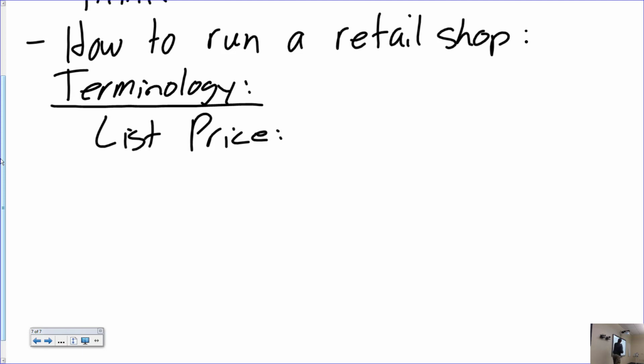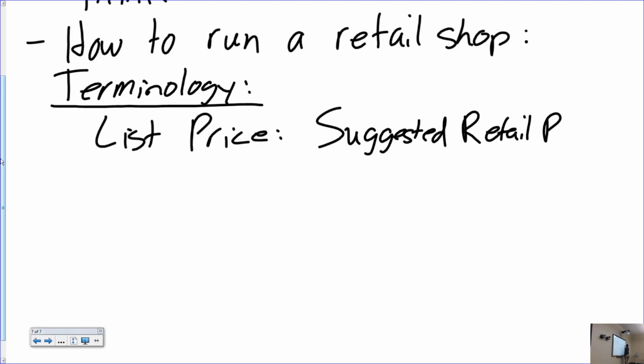So, first off, when you're working in the retail business, folks, list price. The list price for a retail business, the other terminology that's often used, is the suggested retail price, or probably what you guys have heard is MSRP, the manufacturer's suggested retail price.